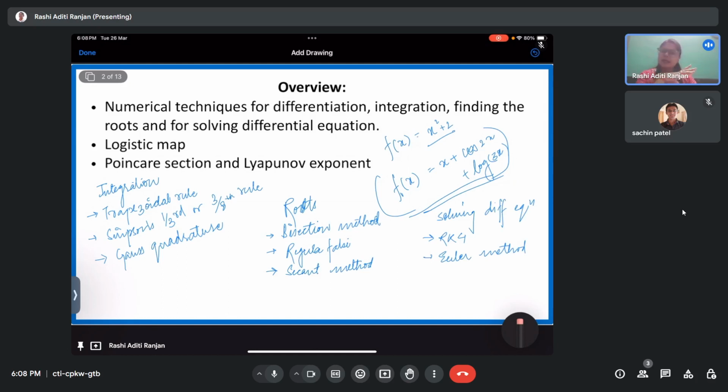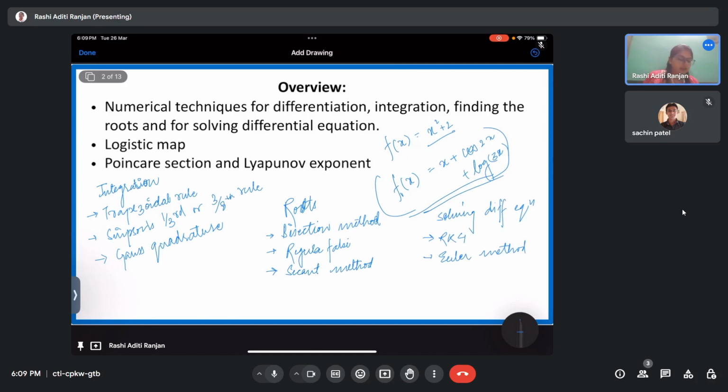You may ask, if there are so many techniques, what technique should I use? Or if there is one technique, what is the need for the other two or three? The reason is simple: not every technique is errorless. A technique may be good for a certain kind of equation and another good for another kind, and it will also depend upon the error that is admissible in our system.